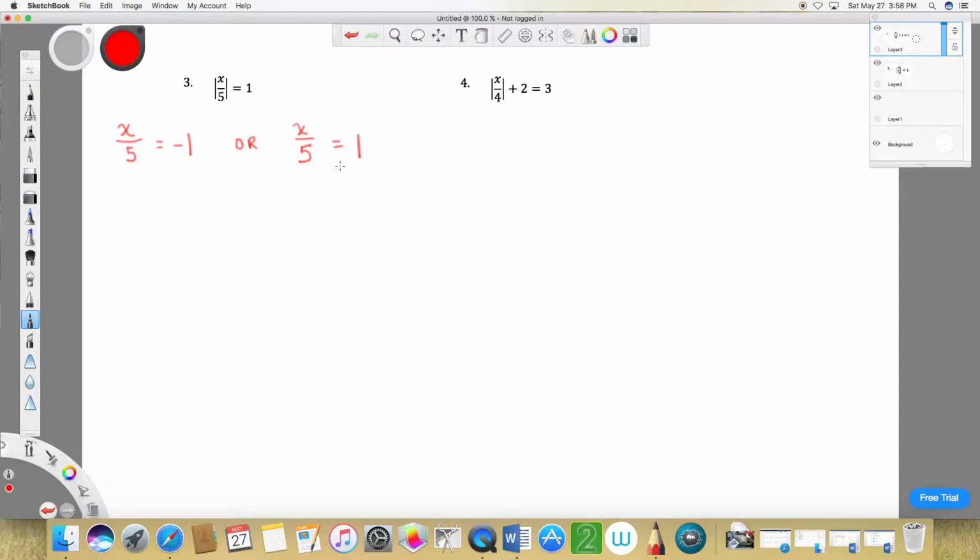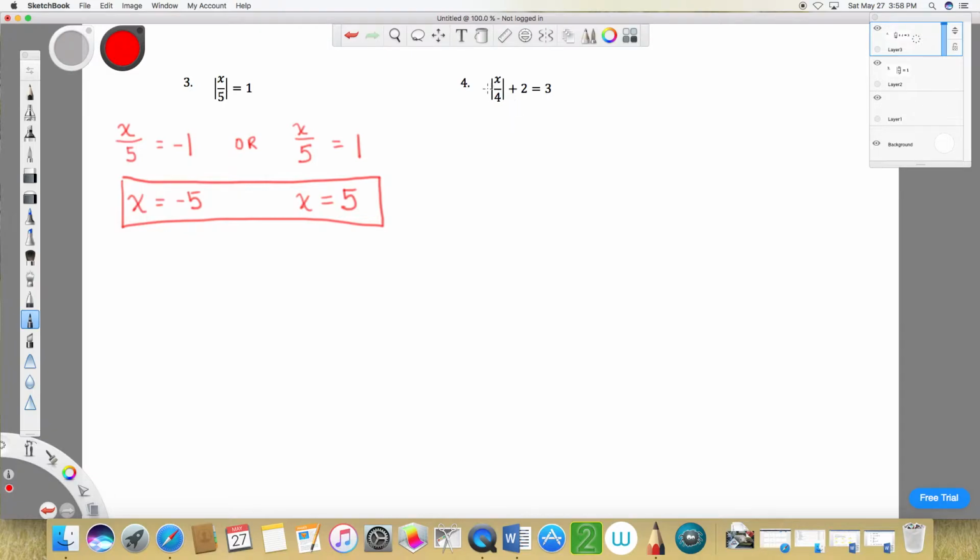So now this splits into two equations. It's very easy to solve. Multiply both sides by 5, and here you have -5, because it's clear that -5 divided by 5 is -1. Multiply both sides by 5, and you see that 5 divided by 5 is 1. So here are our two solutions for problem number 3.